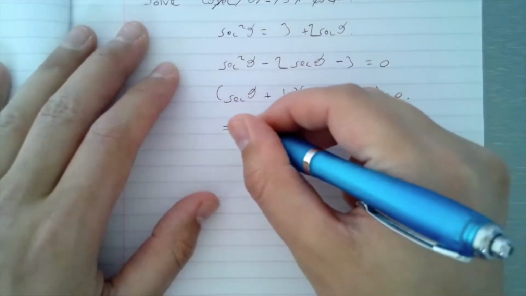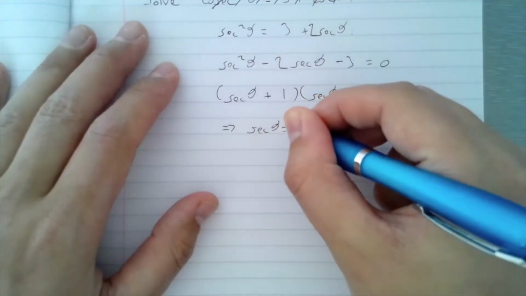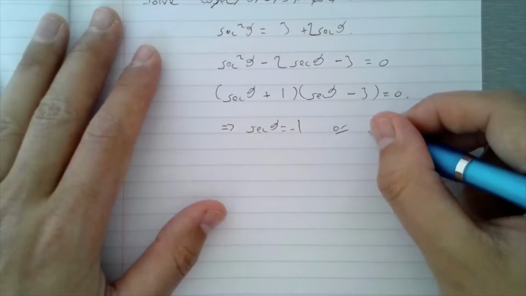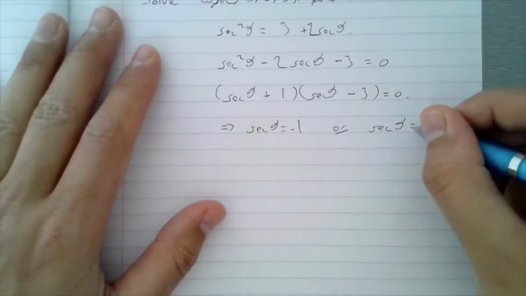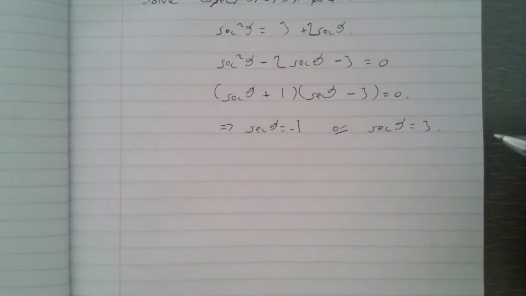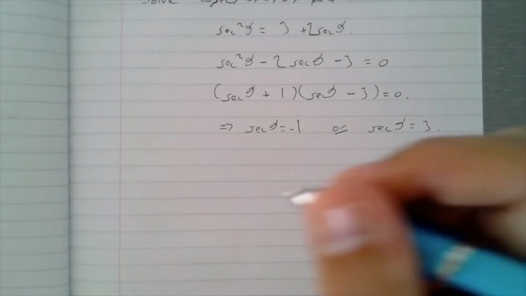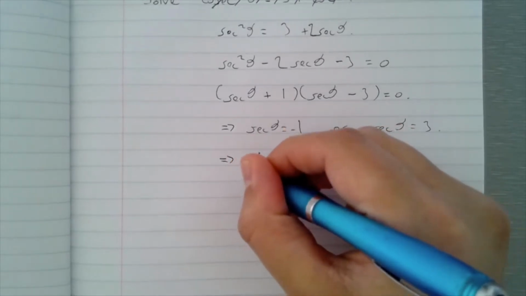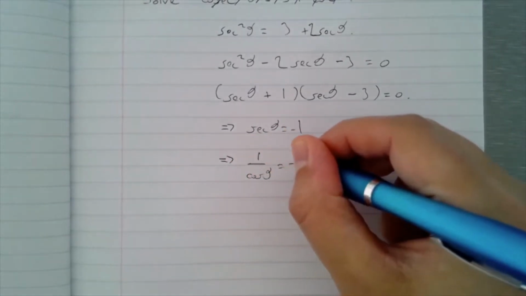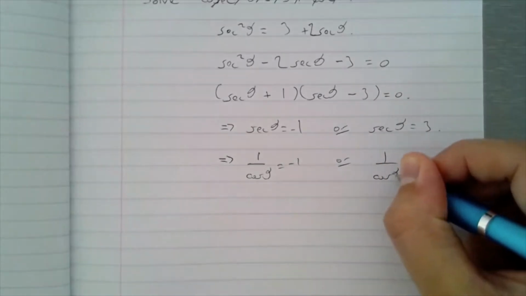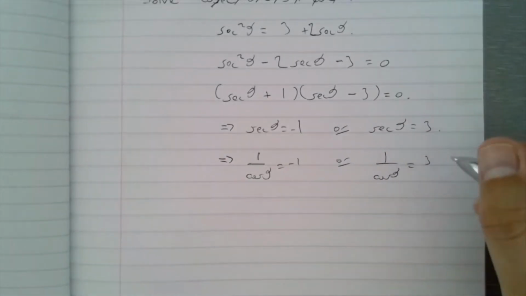So that implies that sec theta is equal to minus 1, or sec theta is equal to 3. Given that, that means that 1 over cos theta equals negative 1, or 1 over cos theta equals 3.